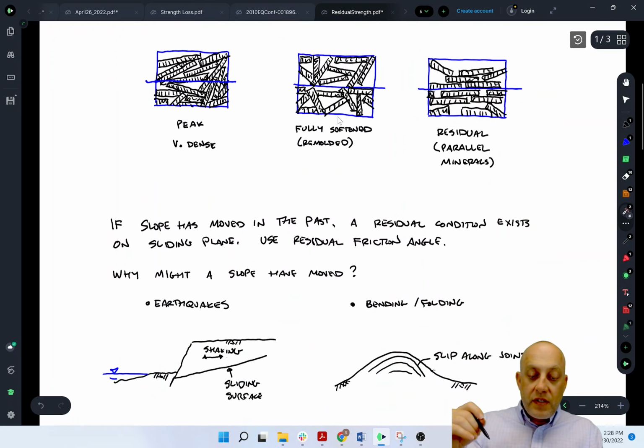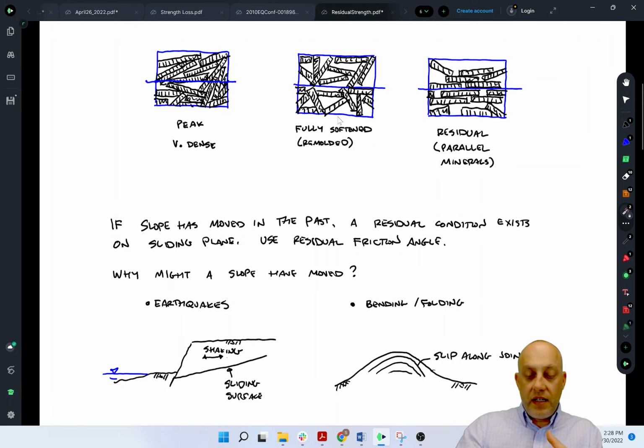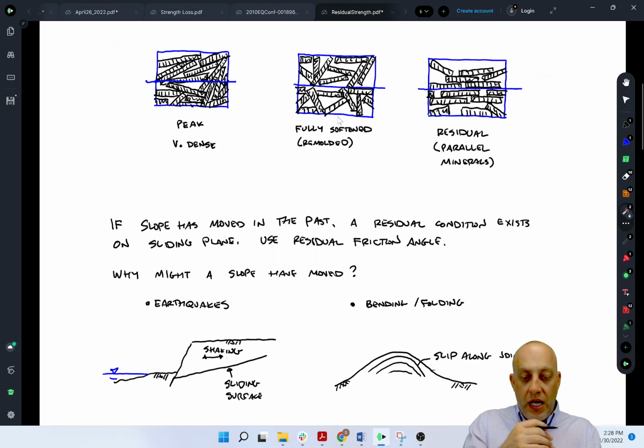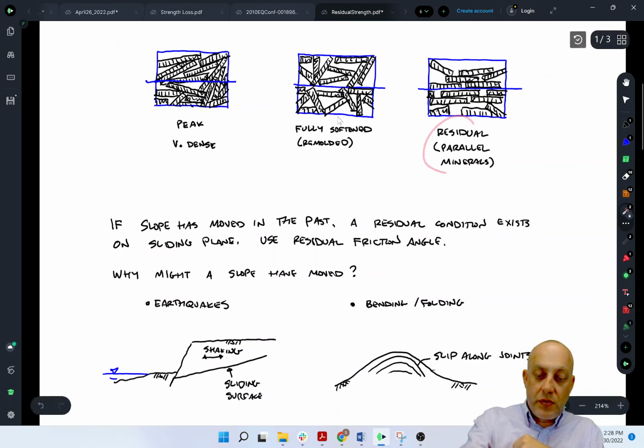All right, so if the slope has moved in the past, like if you know there's been a landslide here, which often is the case, we're having to either mitigate or figure out if we can accept the risk of building on a location that has had a landslide in the past, then a residual condition will exist on the sliding plane, right? Because it's moved enough in the past to reach this residual condition.